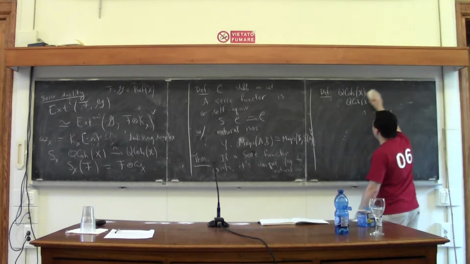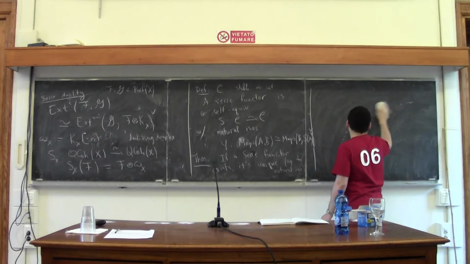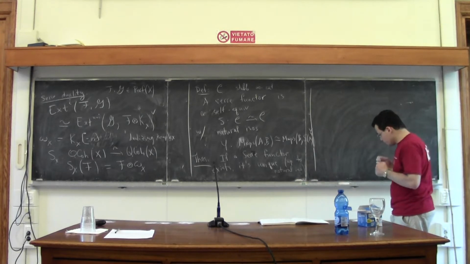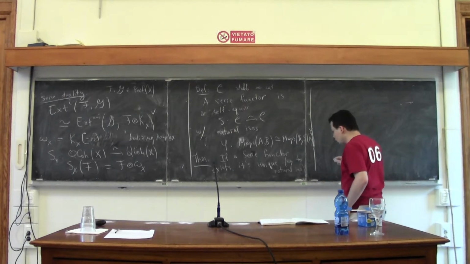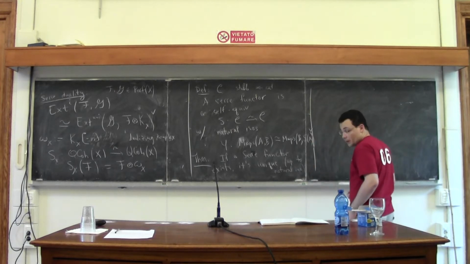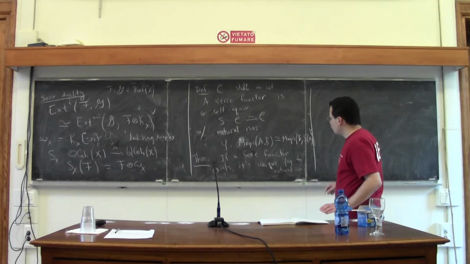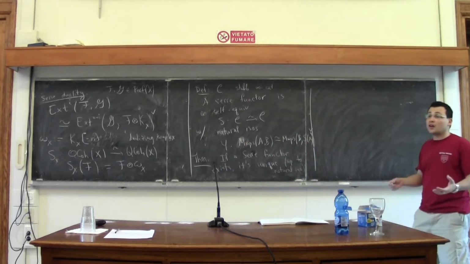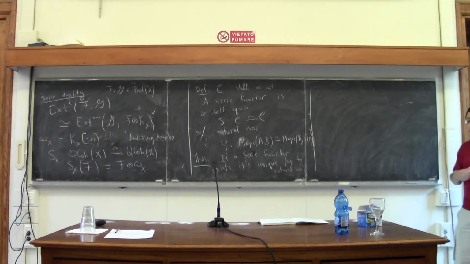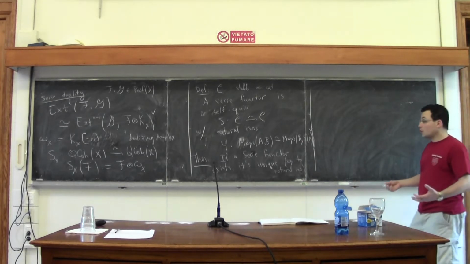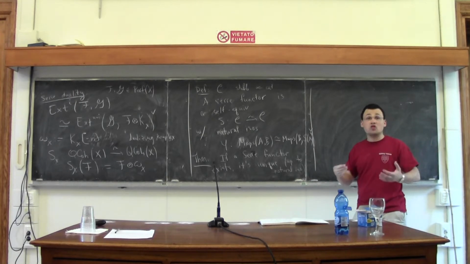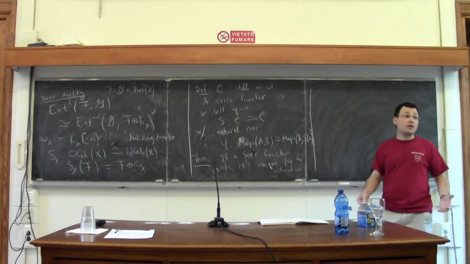So I want to explain one very pleasant consequence of this fact. It's a partial answer to the question of how much the derived category of sheaves knows about our original variety. What this is going to mean is that in some cases we can reconstruct the variety from its derived category.